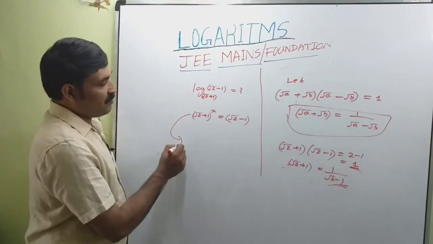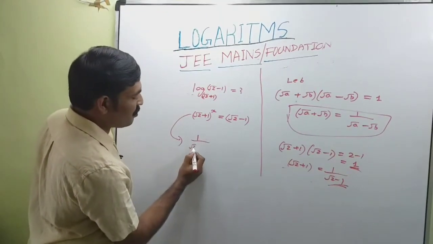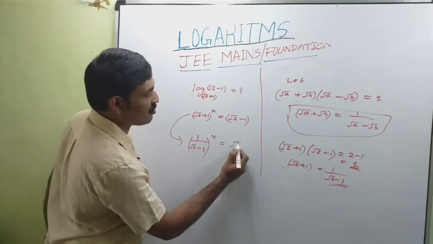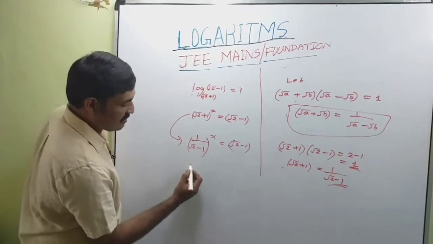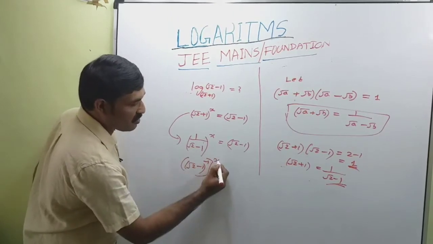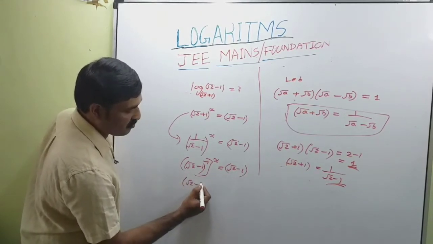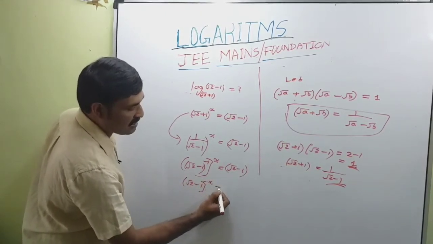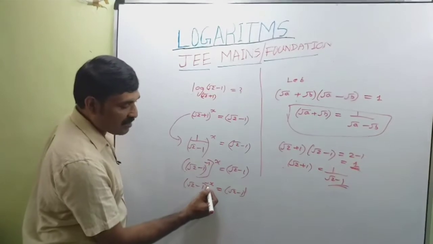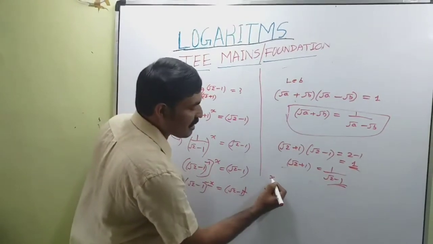Then 1 by root 2 minus 1, whole raised to x, is equal to root 2 minus 1. Or we can write this as root 2 minus 1, whole raised to minus 1, whole raised to x, is equal to root 2 minus 1. Or root 2 minus 1 raised to minus x is equal to root 2 minus 1 raised to 1. Now comparing the powers, that indicates minus x is equal to 1 or x is equal to minus 1.